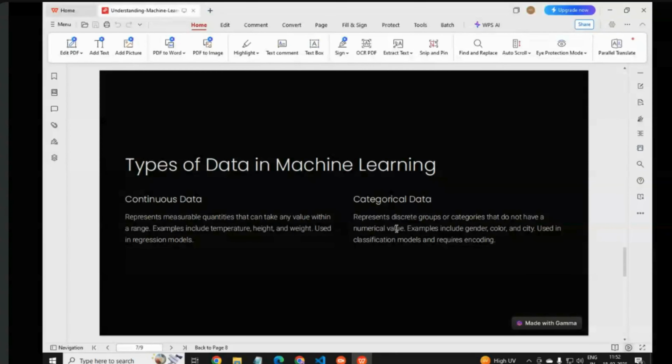The second is ordinal data: categories with a meaningful order, but no fixed interval between them. For example, educational level: high school, bachelor's, PhD. The difference between the categories is not equal.